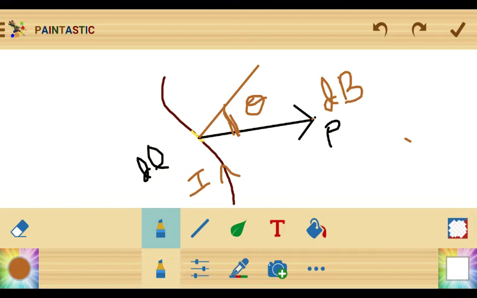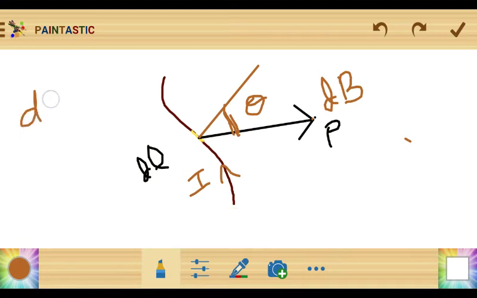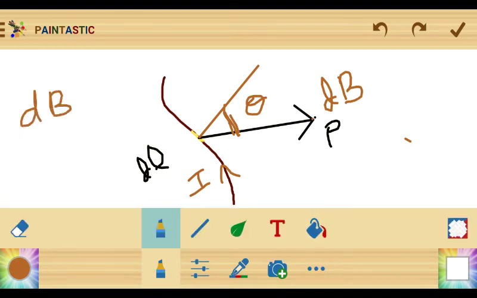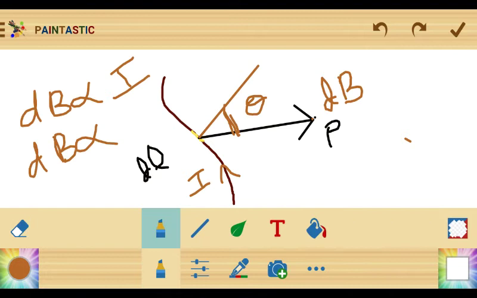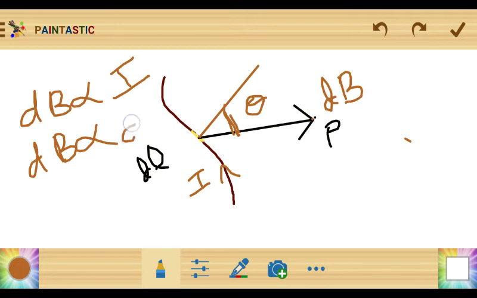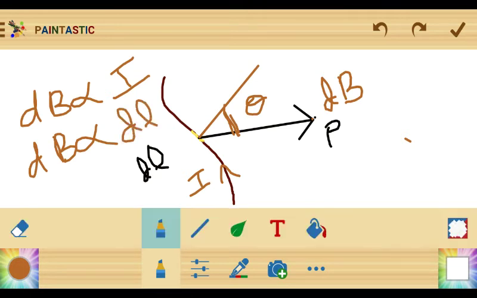according to the Biot-Savart law, the field dB is directly proportional to the current flowing in the conductor. Second, dB is directly proportional to the current element, meaning length dl.